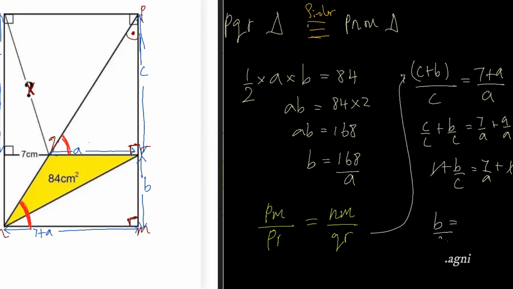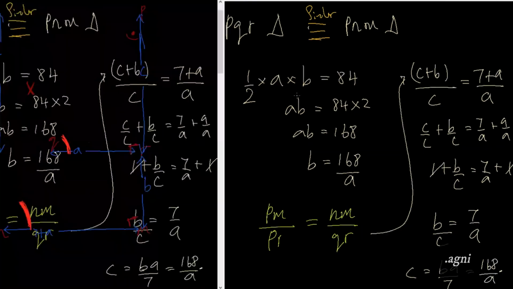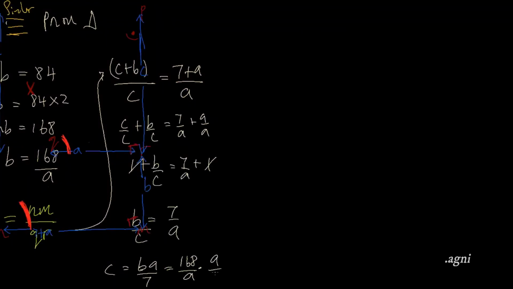B over C equals 7 over A. So C is going to be BA over 7. We know B is 168 over A, so A over 7, A gone, C is 168 over 7. That's my answer for C.